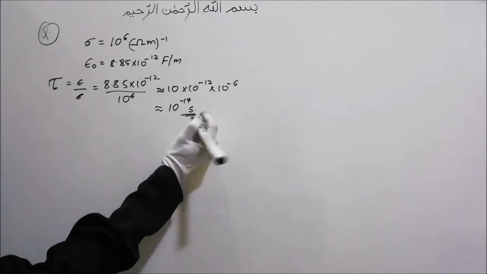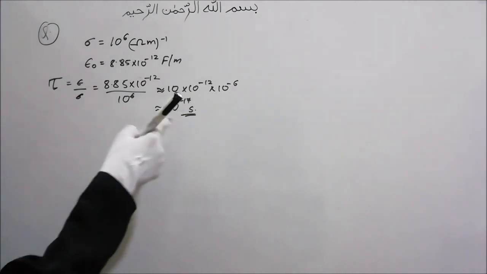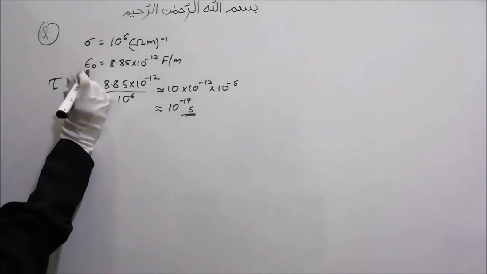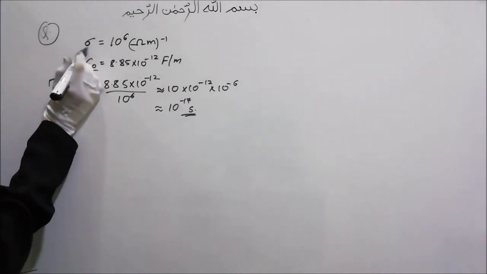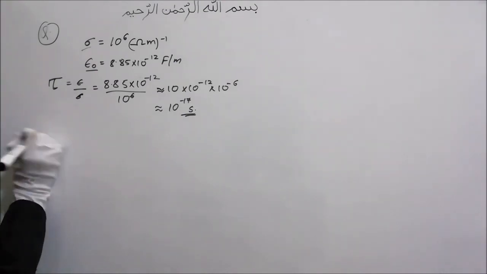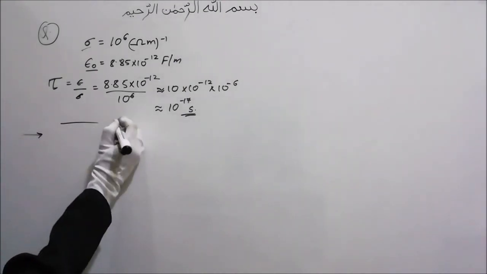Approximately it will take 10 raised to minus 17 seconds for the charges inside to come to the surface, for a material with this dielectric constant and conductivity sigma. In a conductor, note that this problem is done.